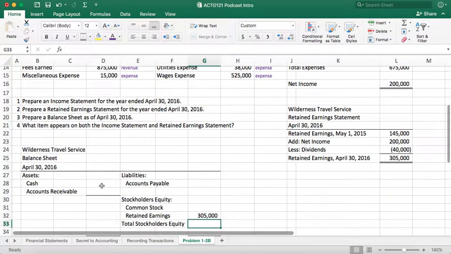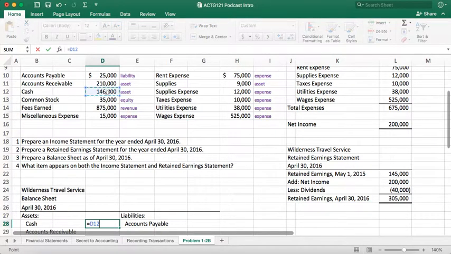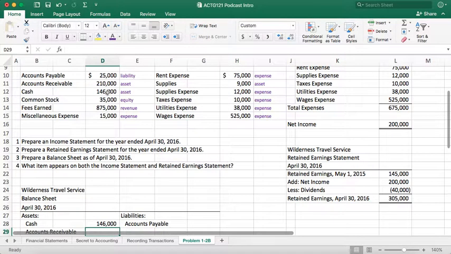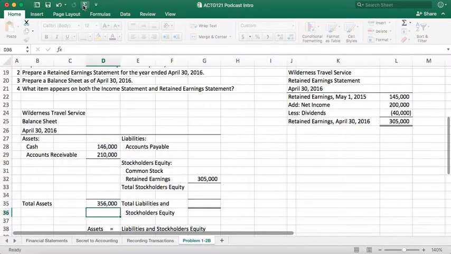So let's begin with cash. We were given cash, $146,000. We were given accounts receivable, $210,000. And we need to sum that up. Now, if we've done everything correctly, our accounts payable, common stock and retained earnings will equal 356.